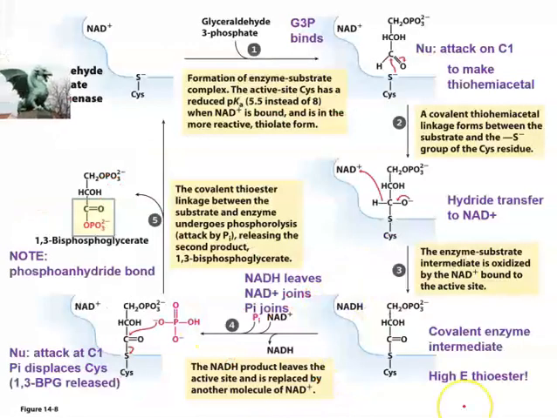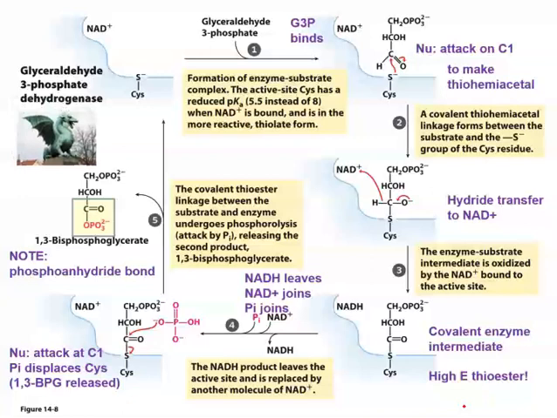Going on, let's look at the reaction mechanism for glyceraldehyde 3-phosphate dehydrogenase. In our active site, we have a deprotonated cysteine amino acid. This is unusual.